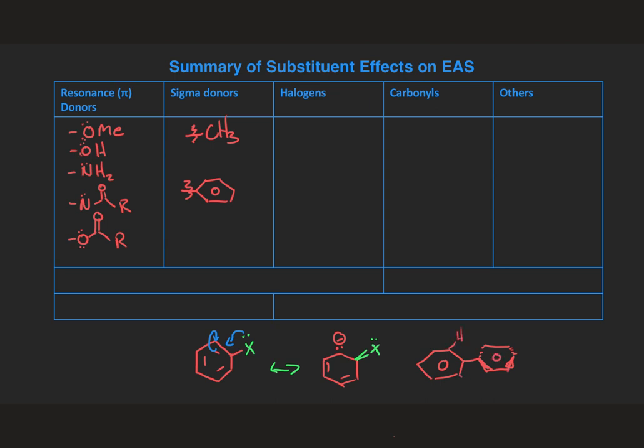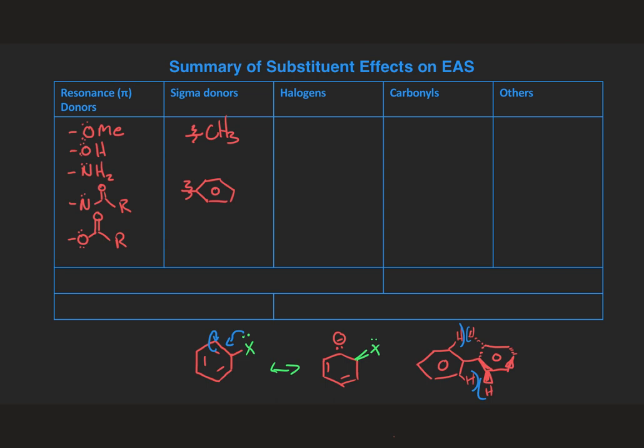And so there's not much resonance involved. They have to be out of different planes because these 2 hydrogens here would be occupying the same space if they're in the same plane. And so phenyl is actually a sigma donor, not a resonance donor.